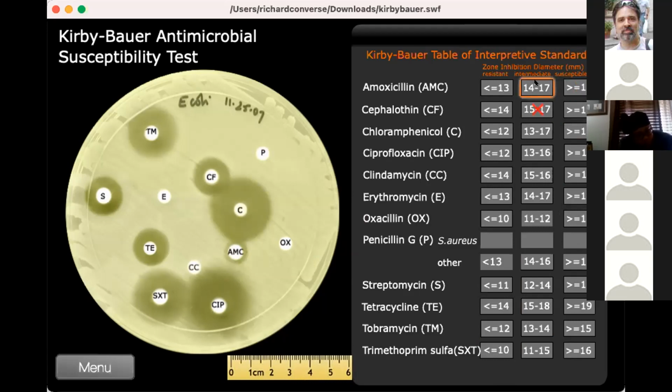You just click the box, and when you hit the right box, it'll go green for you. And then you can take that data and put it on the report that I gave you, and that'll help you determine each of these different sensitivities, right?